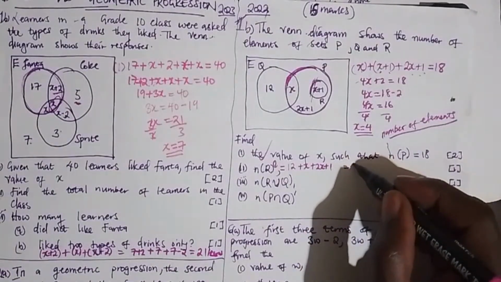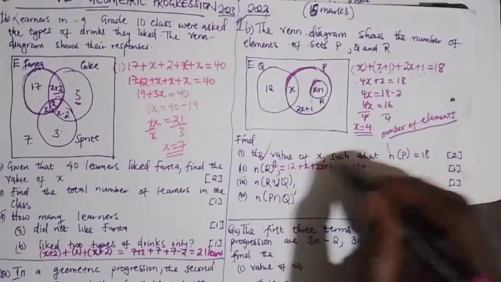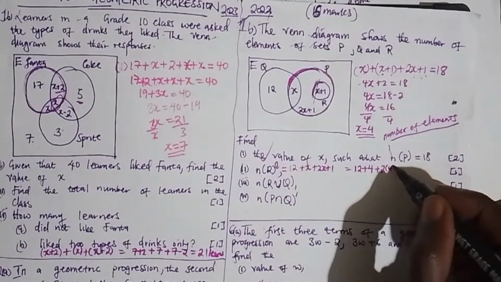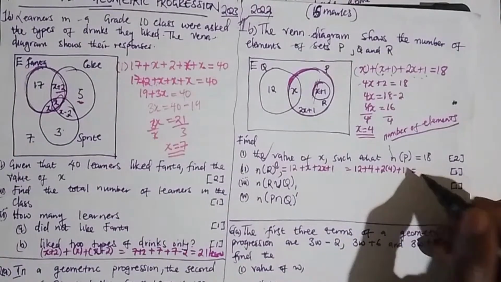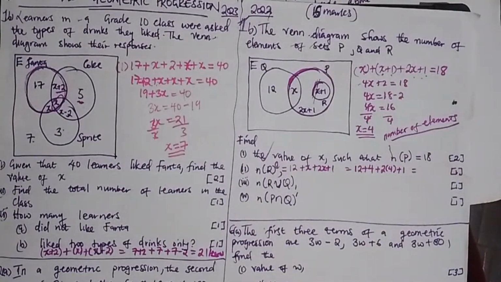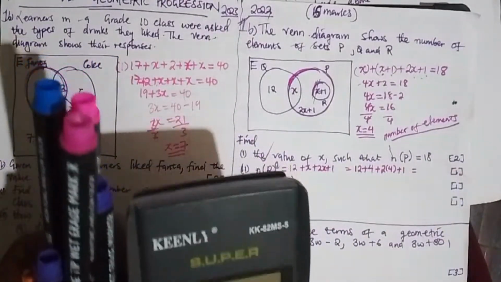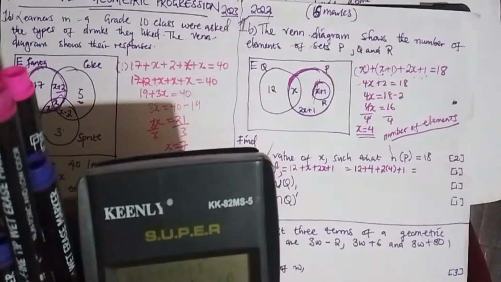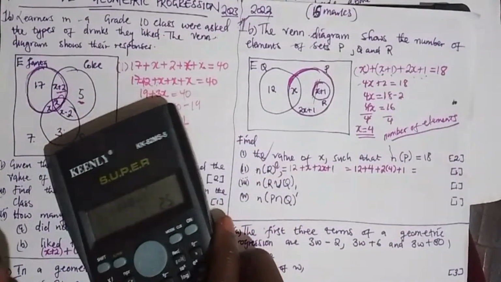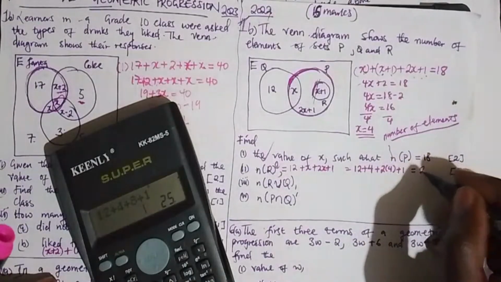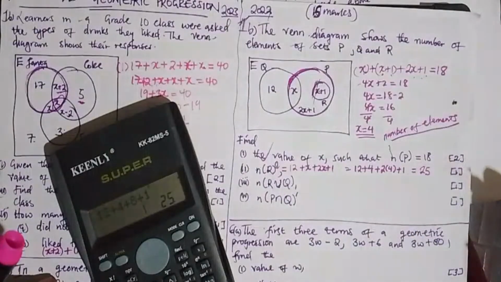So we're going to say 12 plus, what is x? x is 4, plus 2 times 4, plus 1. If we multiply and add, we are getting 12 plus 4 plus 2 times 4 is 8 plus 1. We are getting 25 as our answer. So here we say 25. Yeah.